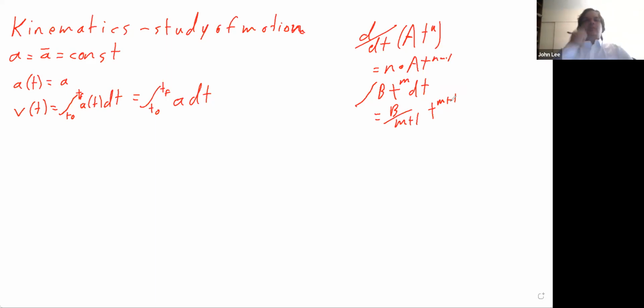Instead of the power going down by one, it goes up by one, and instead of multiplying by the constant, you divide by whatever power you end up with. That's just going backwards.